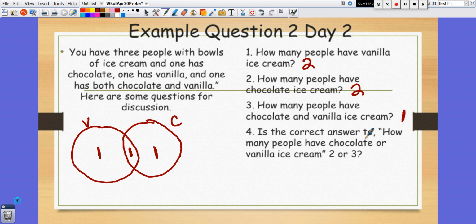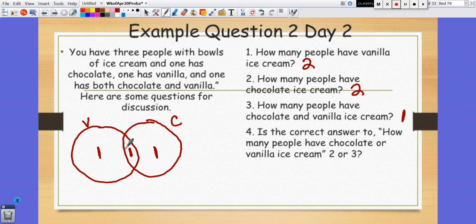Is the correct answer to how many people have chocolate or vanilla ice cream 2 or 3? So it's saying how many people have chocolate or vanilla ice cream? Is it 2 or is it 3? That is interesting.